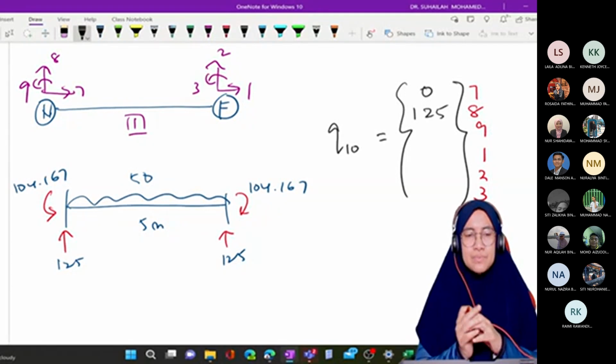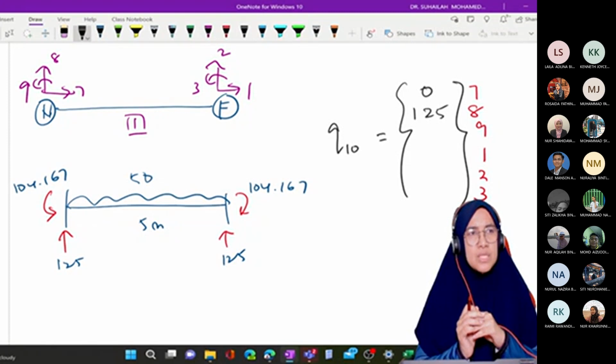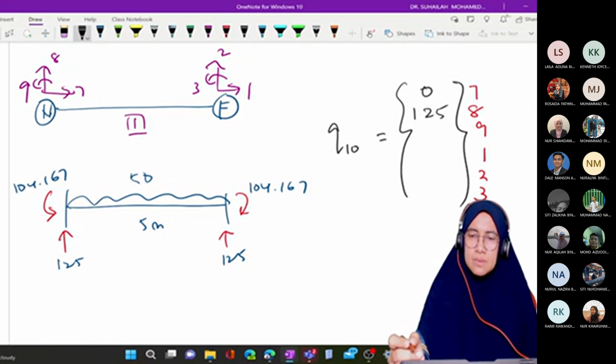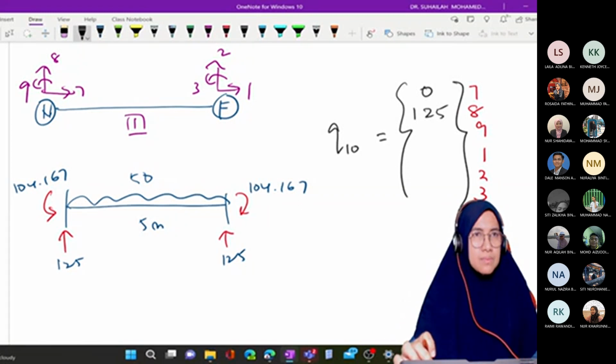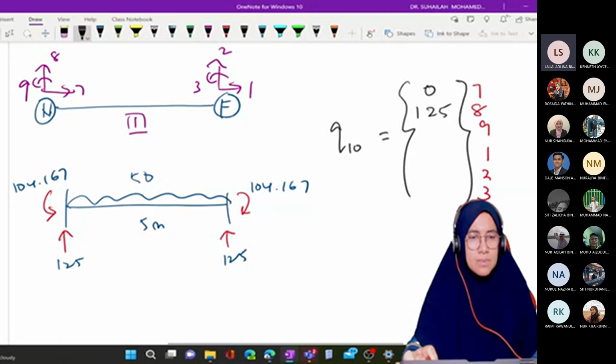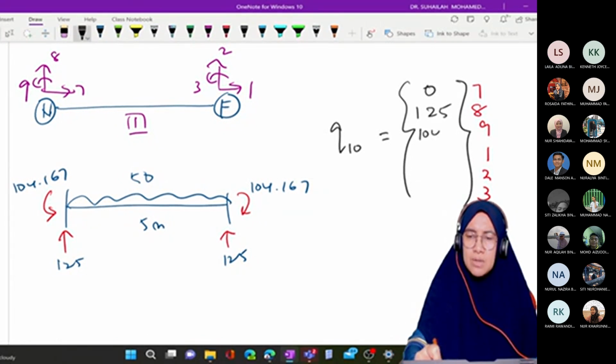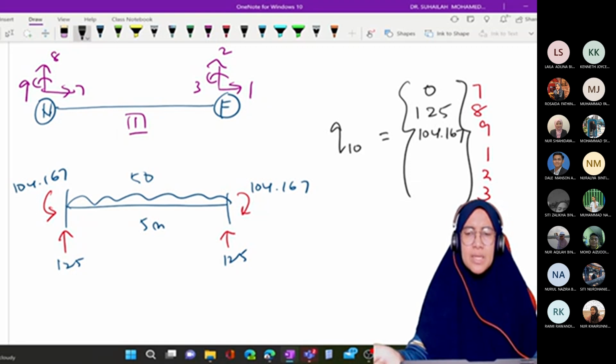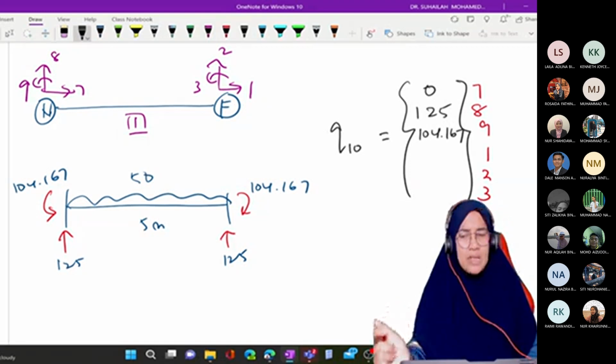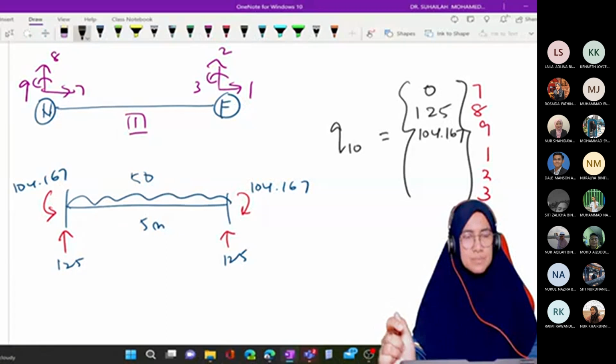What is the value? 104.167. Positive or negative?